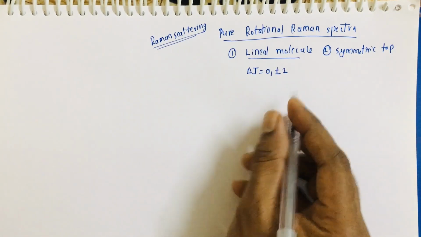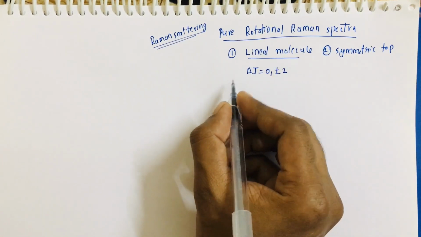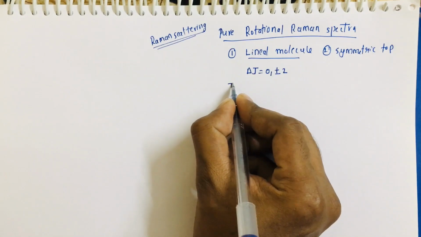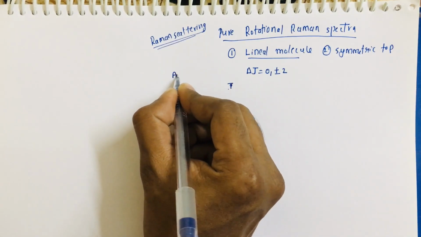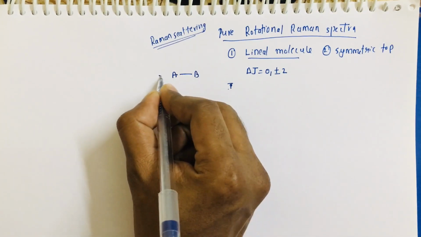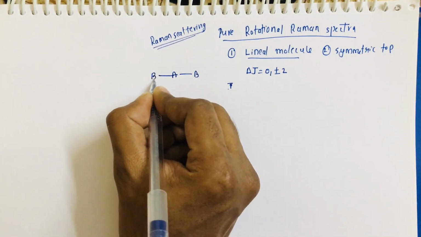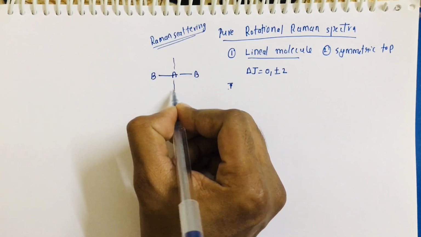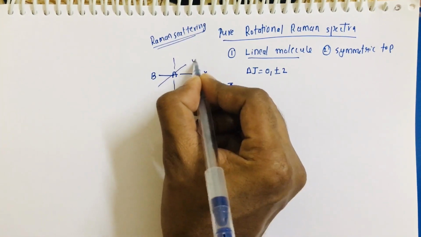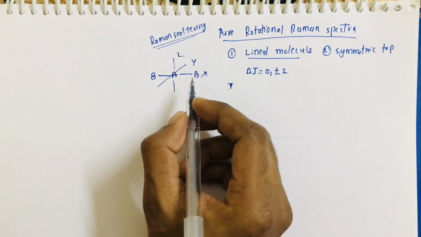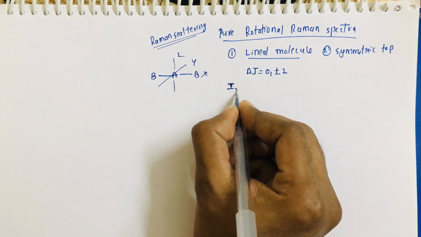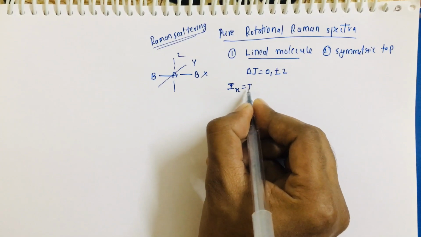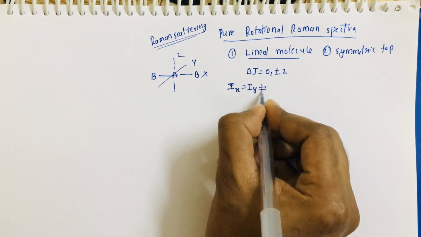You don't need to memorize it by heart; you just need to know how the moment of inertia changes for a linear molecule. Imagine we have an AB molecule with three axes: x axis, y axis, z axis. The moment of inertia is Ix equals Iy, which is not equal to Iz.